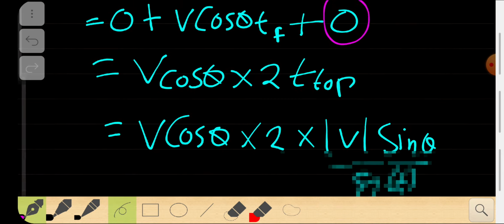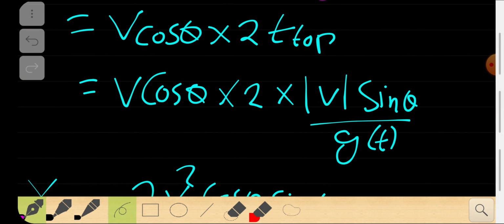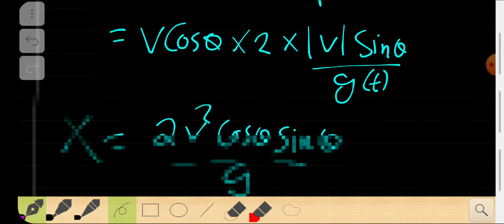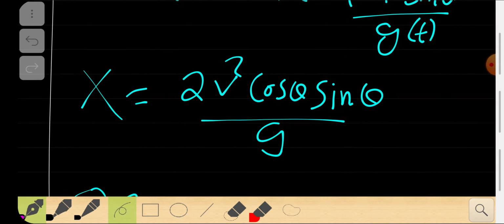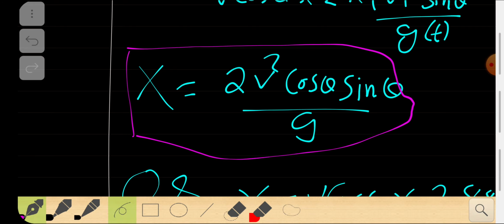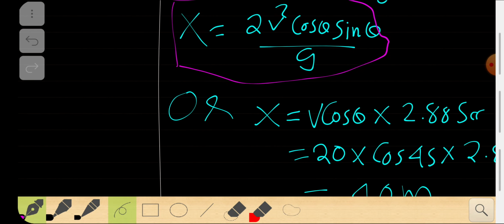We have done that earlier. Now we can substitute that back in. t top was just v sine theta by g, and so x will be equal to 2 v square cos theta sine theta by g. So that will be the equation for range.